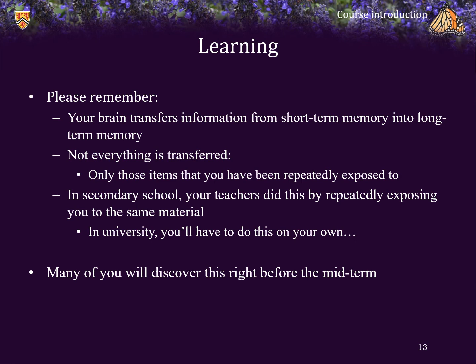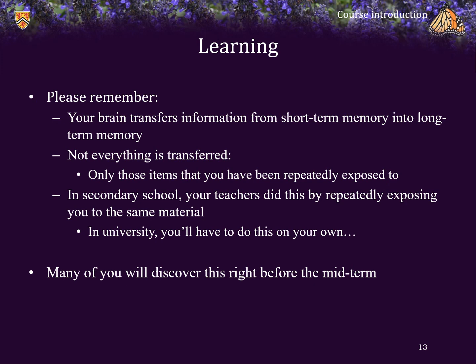In university, and once you get into the working world, you're going to have to do this entirely on your own. Please remember that courses in undergrad that are meant to replace courses in high school generally cover the same material in only 3 or 4 weeks with only 3 hours of lecture a week.